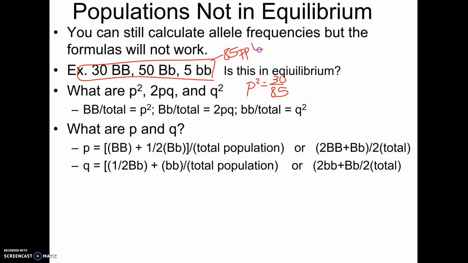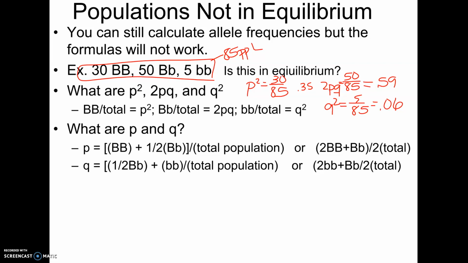So p squared is 30 over 85, which is 0.35. For 2pq, the heterozygous, there are 50 heterozygous individuals over 85, which gives me 0.59. And q squared, the homozygous recessive, there are 5 of those over 85, which gives us 0.06.